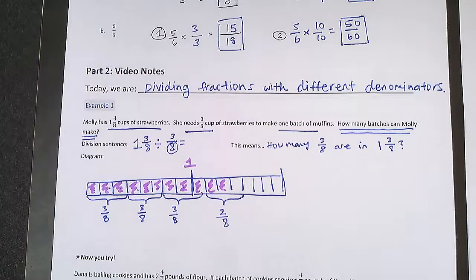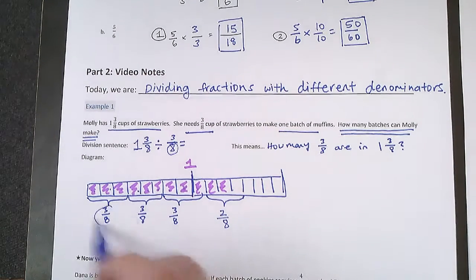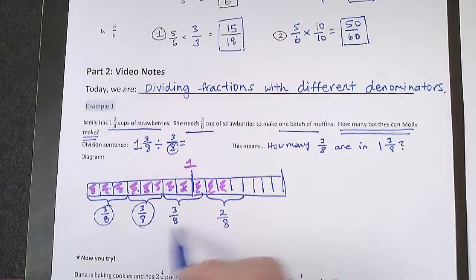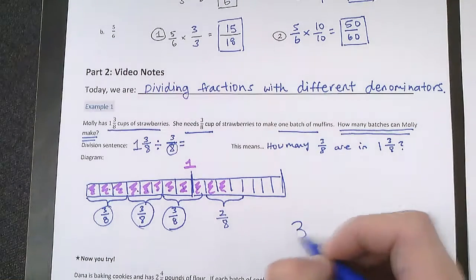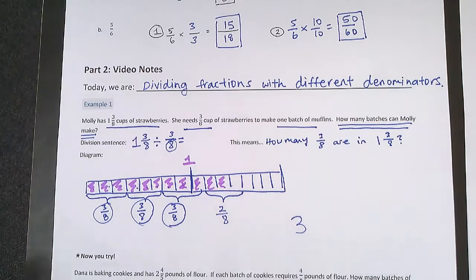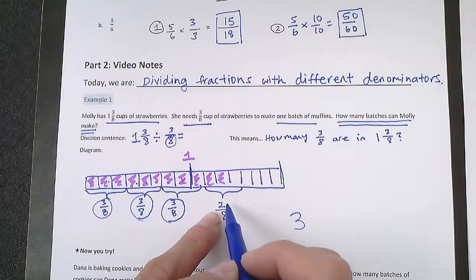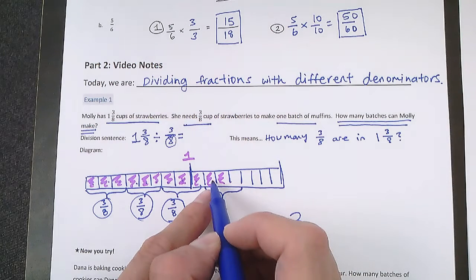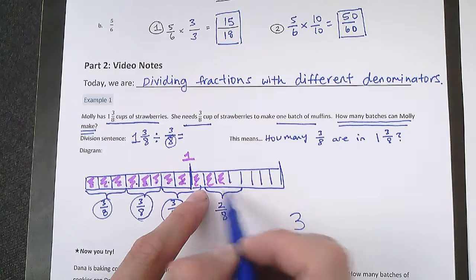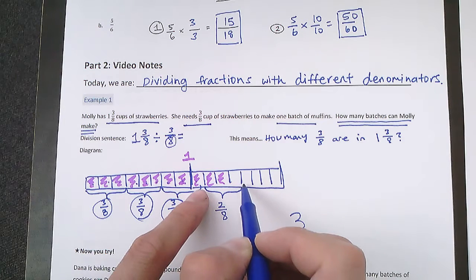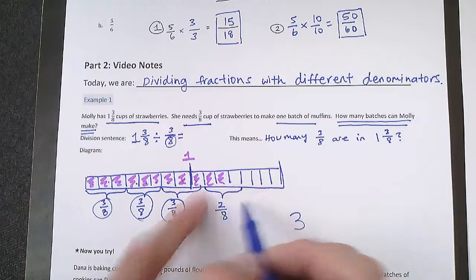So first I check, how many sections of 3/8 do I have? 1, 2, 3. So I have 3 sections of 3/8. And I have 2/8 out of the 3/8 that I would need for another batch. If each batch is 3/8, I have 2 out of the 3 eighths that I would need.